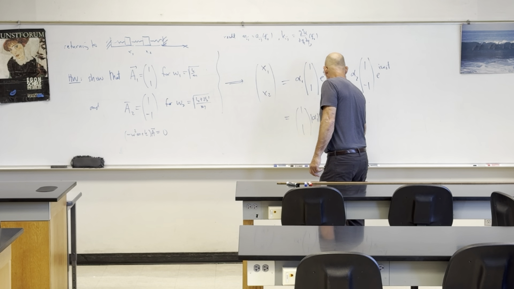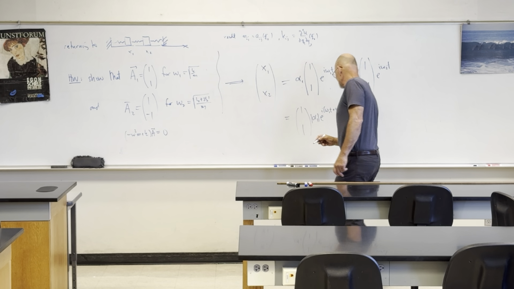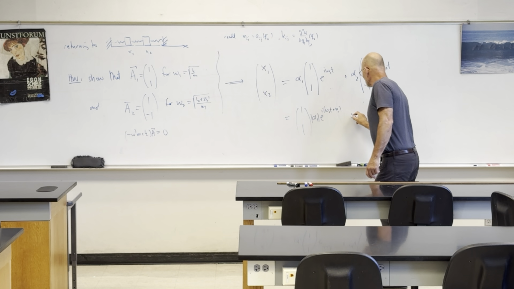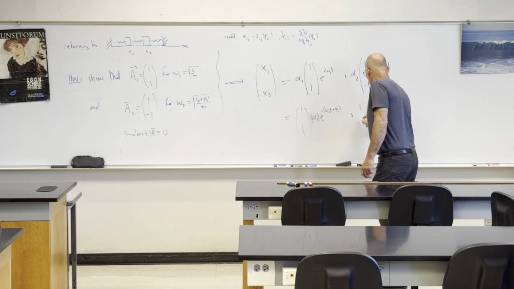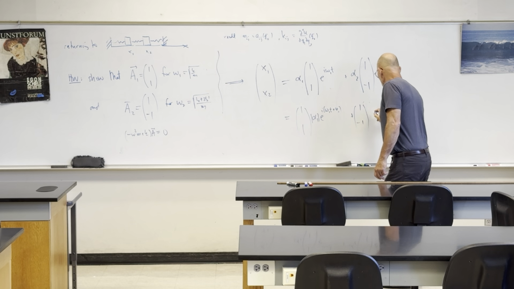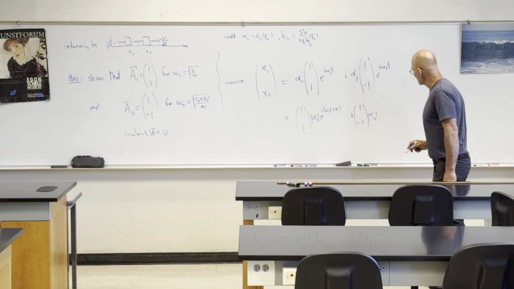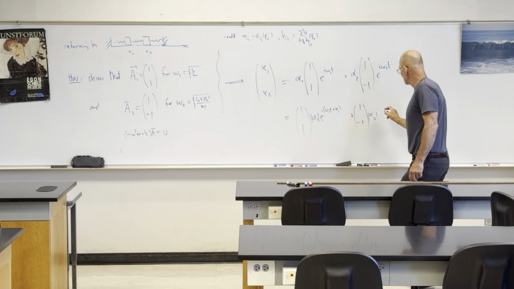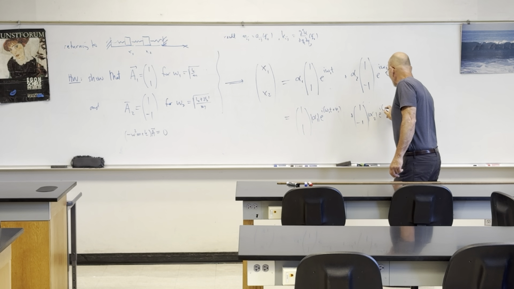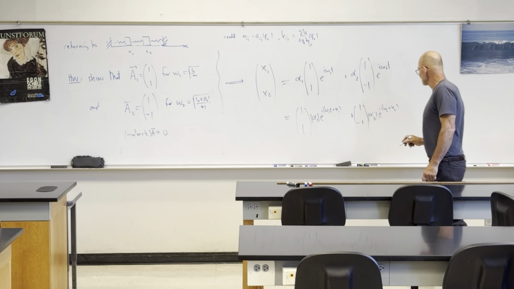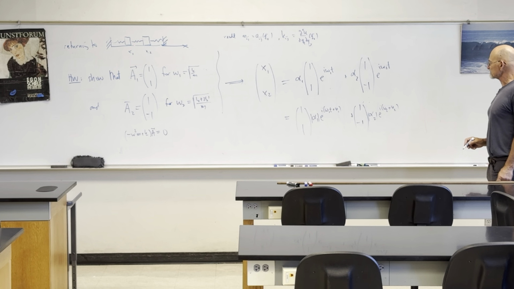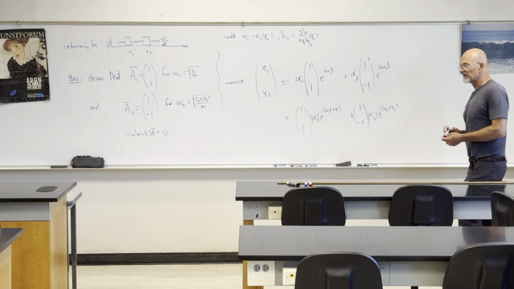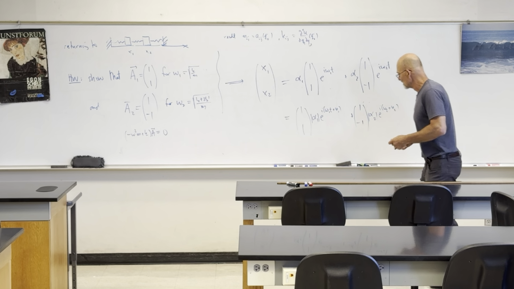Omega 1 t plus b1, plus 1 minus 1 magnitude. So this is what we learned last semester with complex numbers. Alpha 2 e to the i omega 2 plus b2. And of course, let's see here.